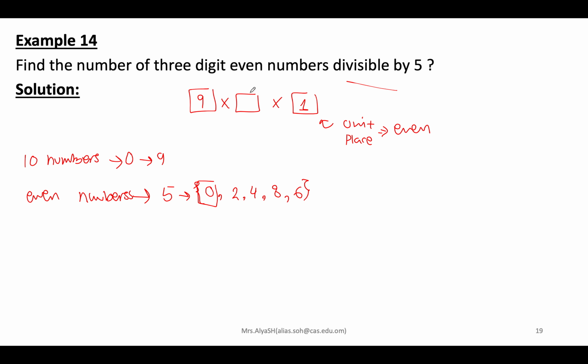And in the tens place, it can be any number. So there are totally 9 times 10 times 1, and here we get 90 numbers.